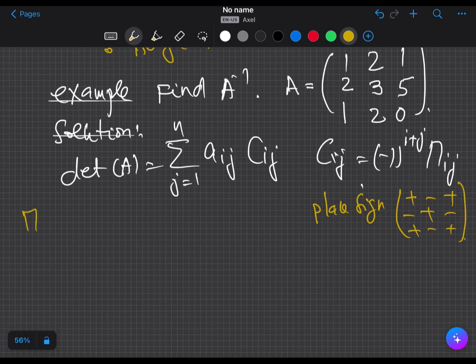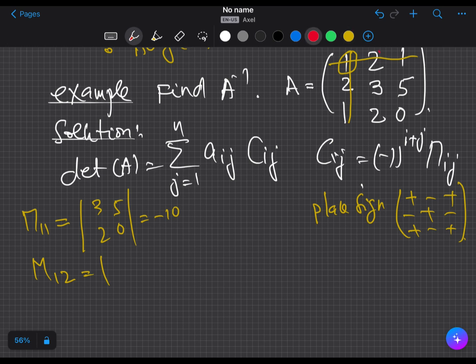So if I want to find the minor of the first element here, M11, if I do this, I will have 3, 2, 5, 0, which equals minus 10. If I find the minor of 1, 2, this element, if I do this and this, I'll be left with 2, 1, 5, 0, which equals minus 5.